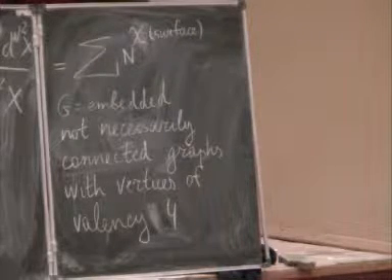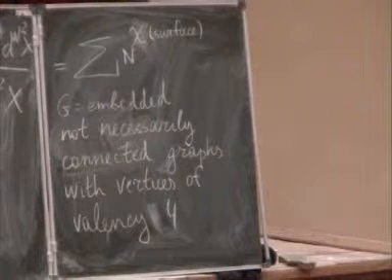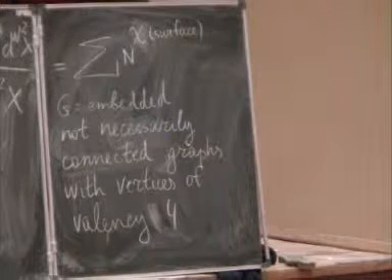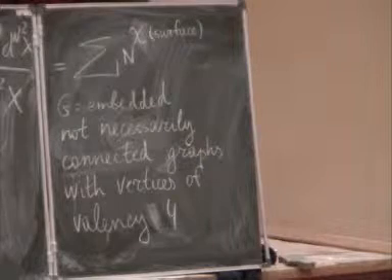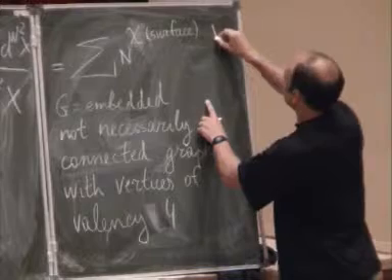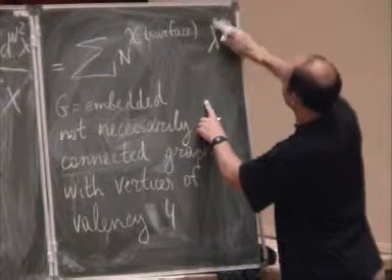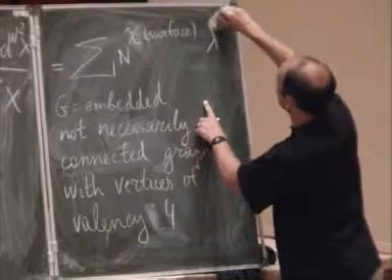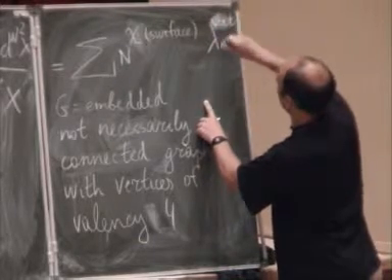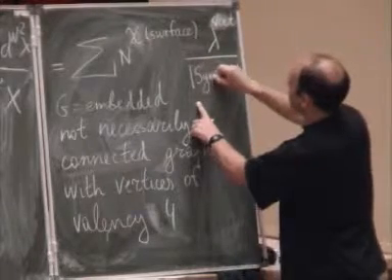The surface is composed of several connected components, so the Euler characteristic is just the sum of Euler characteristics of every component. Then I have lambda to the power number of vertices, divided by the number of symmetries of the graph.